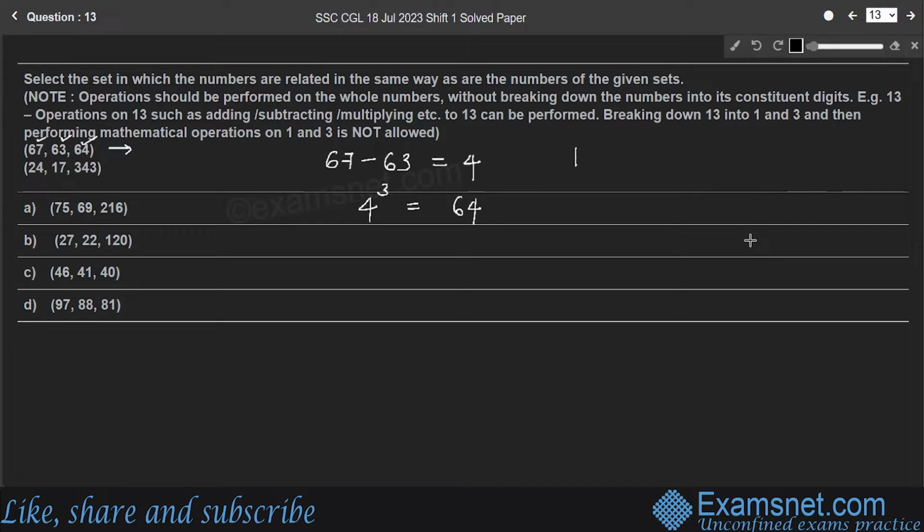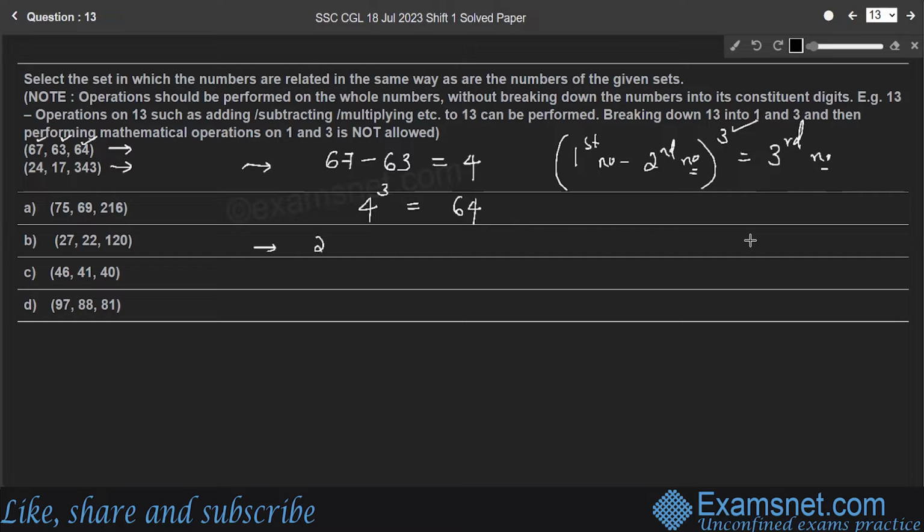Here the simple rule is first number minus second number, its cube is equal to the third number. Therefore, the cube of the difference between the first two numbers is equal to the third number. Very simple rule. So consider the second set also, right?